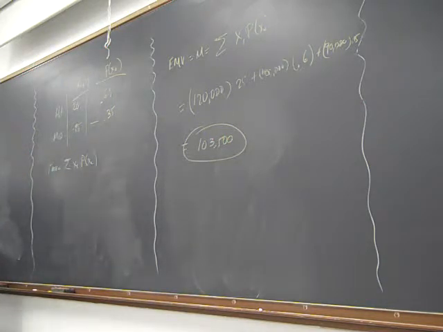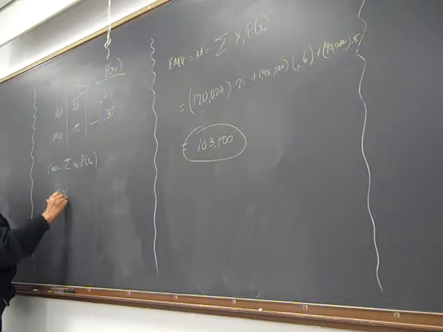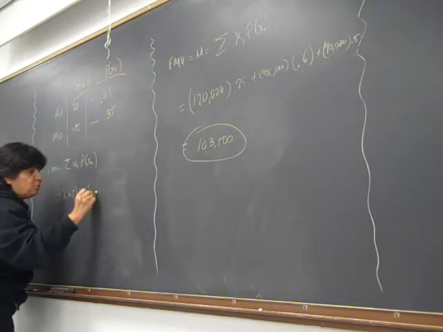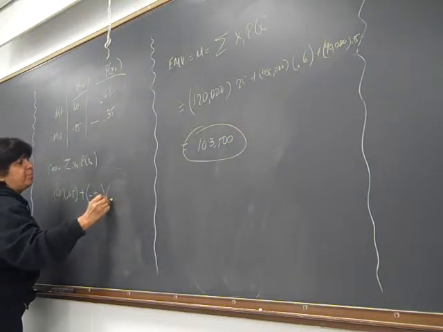And this is a valid probability distribution because if you add these numbers, they equal 1. So what is the expected monetary value? It's going to be 20 times 0.65 plus negative 25 times 0.35.